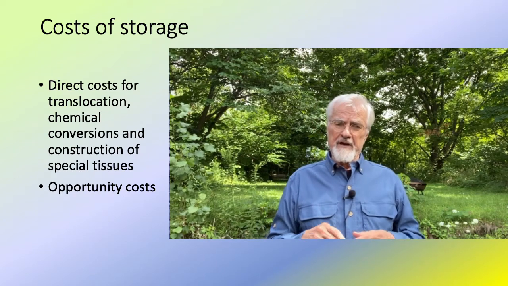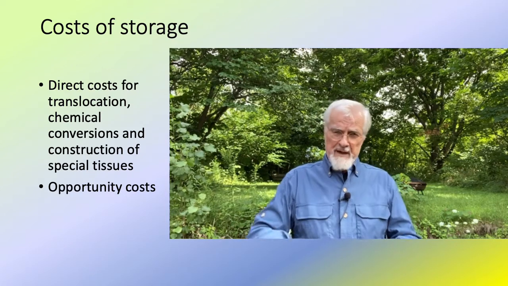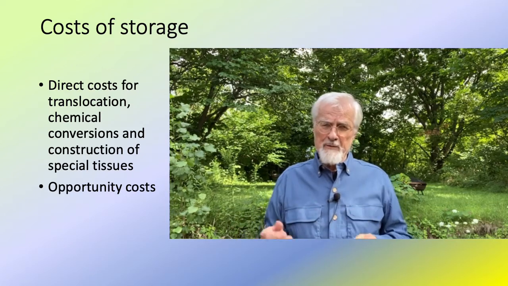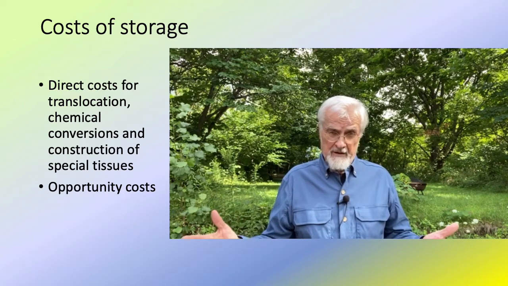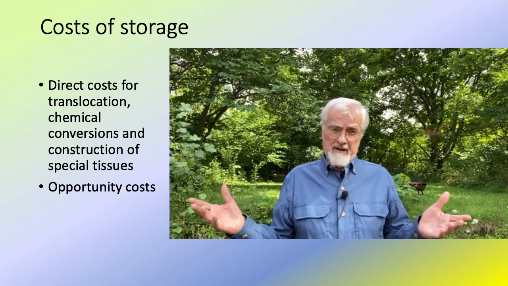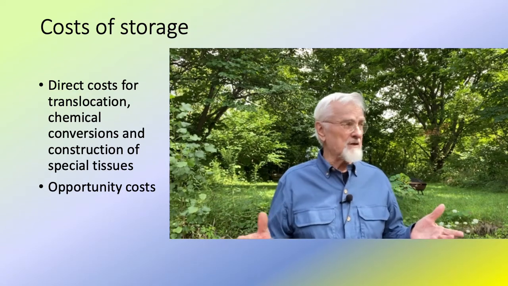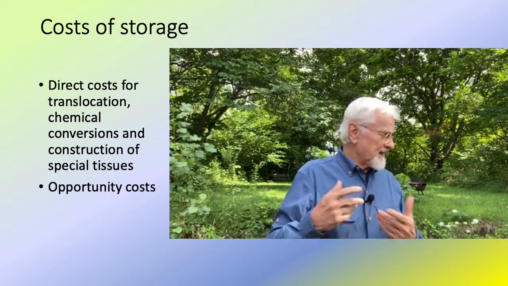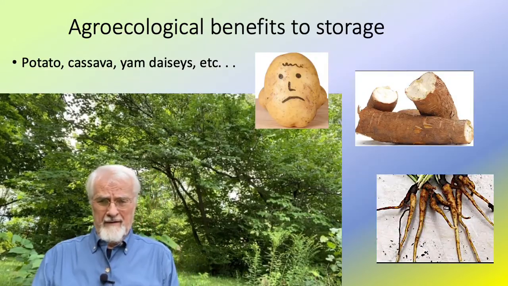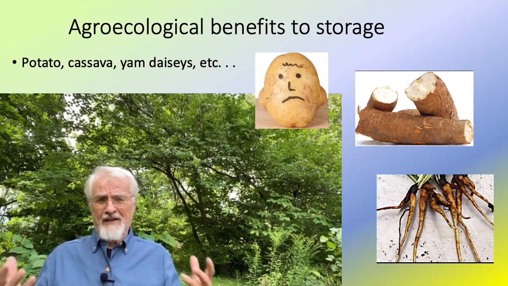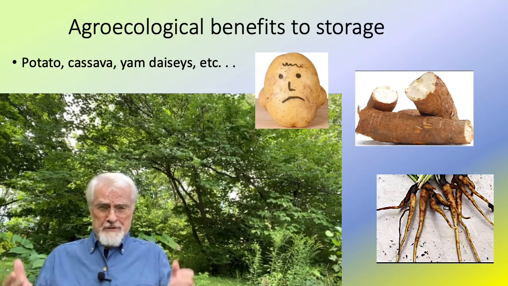There's the construction of special tissues, if you have these tubers that maybe need a special kind of epidermis or whatever. But then you also have opportunity costs. Those opportunity costs are obviously that you have to waylay the production of more photosynthetic material to produce even more stuff. So there are agroecological reasons to be concerned with the storage activity.